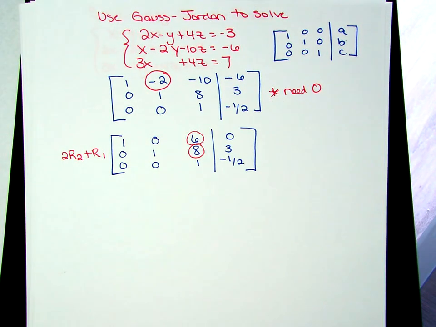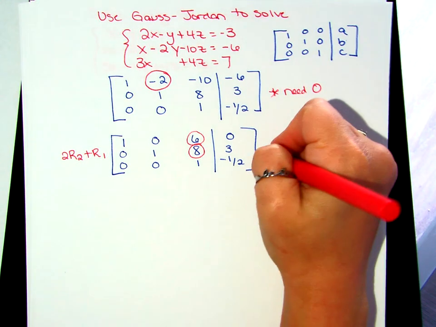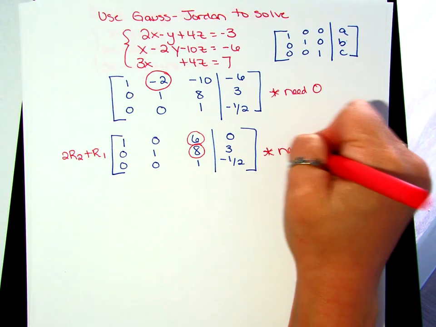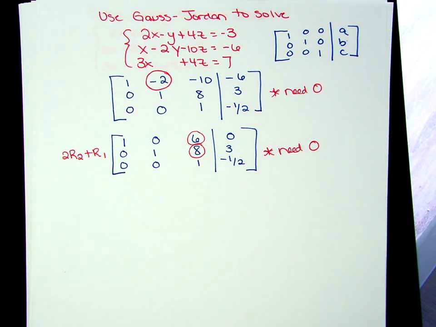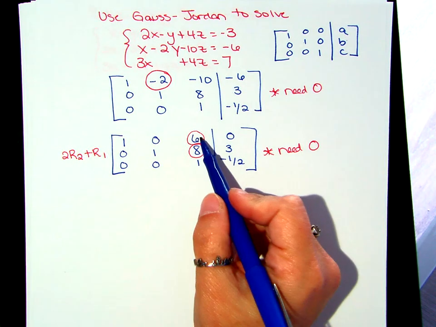So if I look at my last column, at least to the left of my vertical bar, those need to be 0. That's what I'm missing. So how do I get 6 to go to 0?